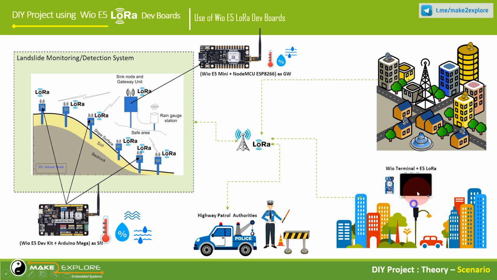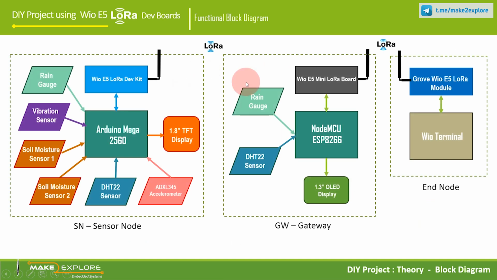Okay, so this is the functional block diagram for each node including components. The sensor node consists of 7 different sensors. Those are a rain sensor, vibration sensor, 2 soil moisture sensors, DHT22 temperature and humidity sensor, and an ADXL345 accelerometer.